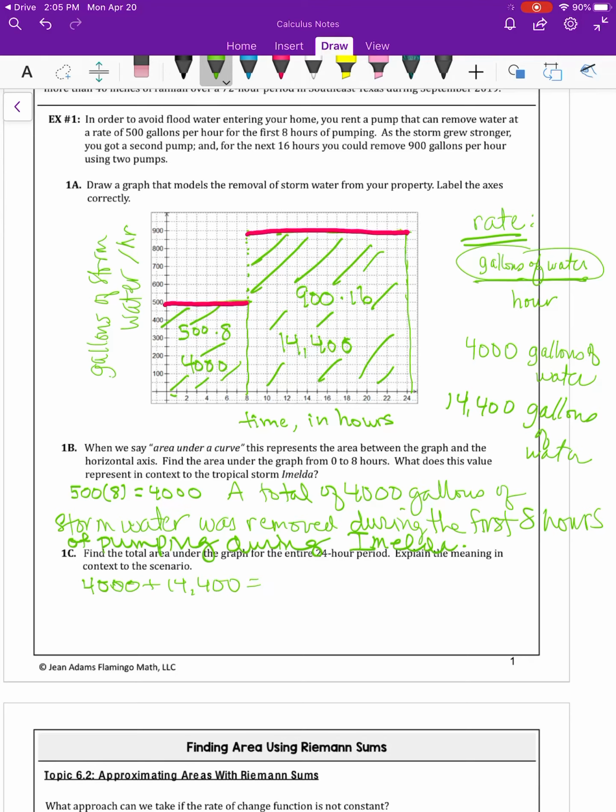Find the total area under the graph for the entire 24-hour period and explain the meaning in context to the scenario. So we had the 4,000 plus the 14,400 for a total of 18,400. I think I said 14,800 up here when I did my total, but I meant 18,400.